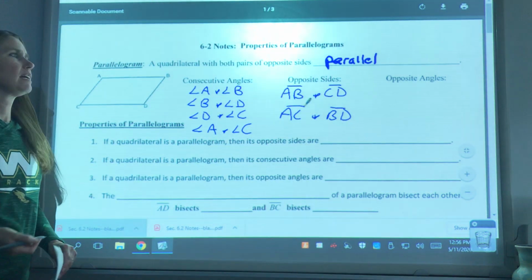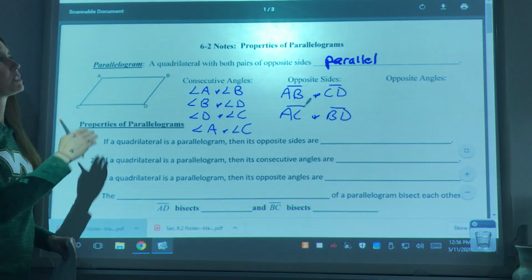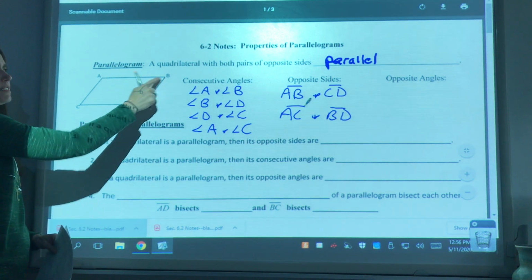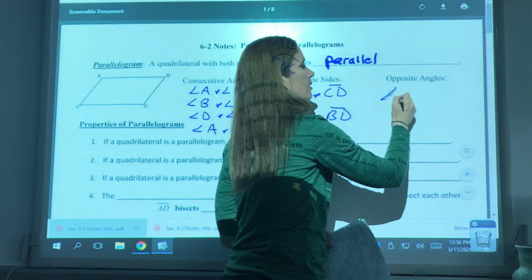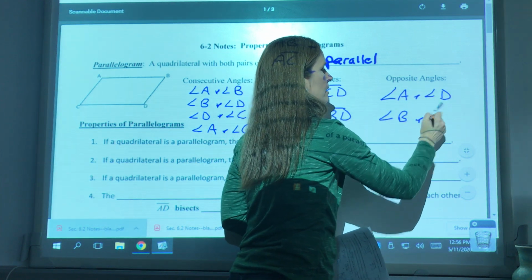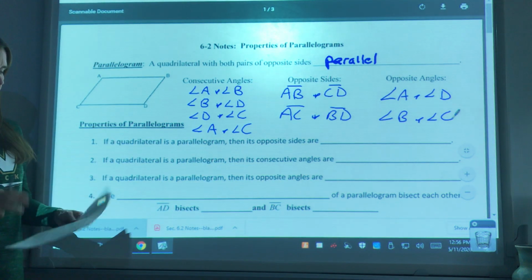Okay, and then the last pair that we're going to mention are opposite angles. So again, opposite means across from, so opposite angles would be like angle A and D and B and C. So we've got angle A and angle D and angle B and angle C. Okay, so those are different parts of a parallelogram.